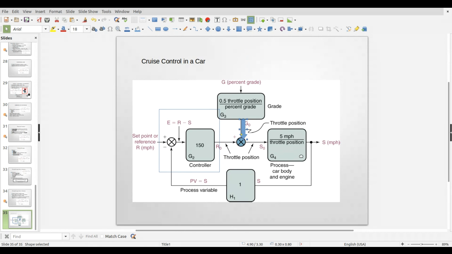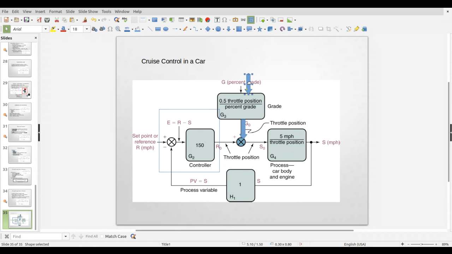We're going to feed that into our system then. Now, the problem is, if this is a cruise control in our car, a good example of disturbance is when you start going up a hill, right? As you start going up a hill, they're using G for grade here, then your car is going to start slowing down.